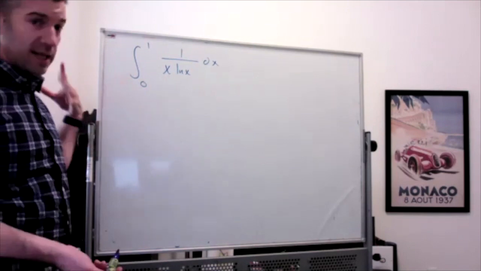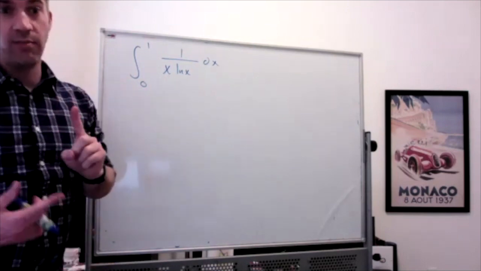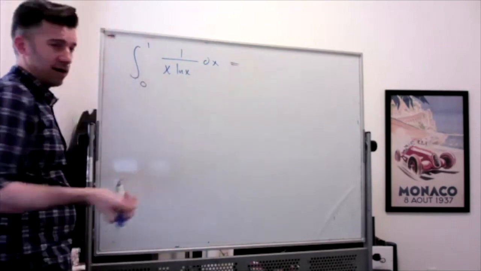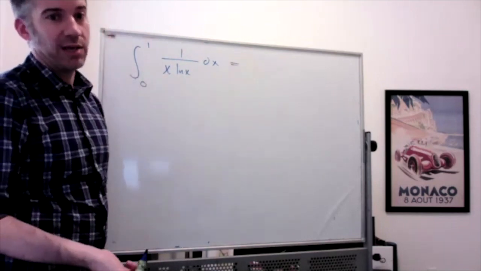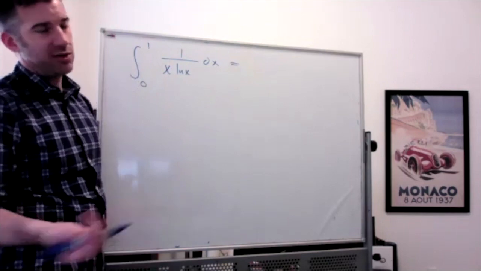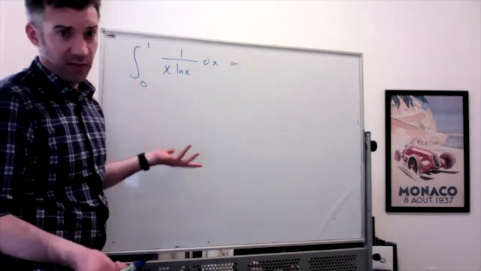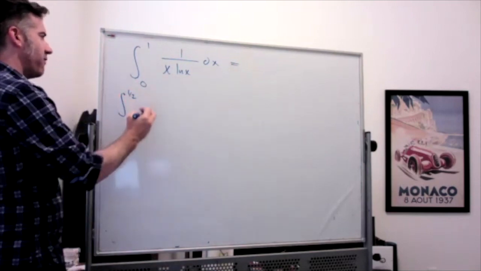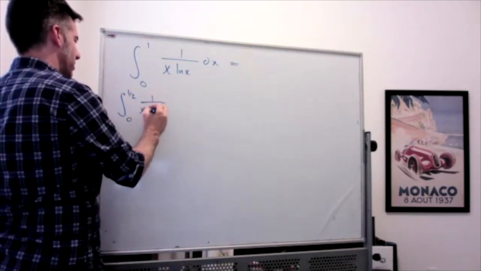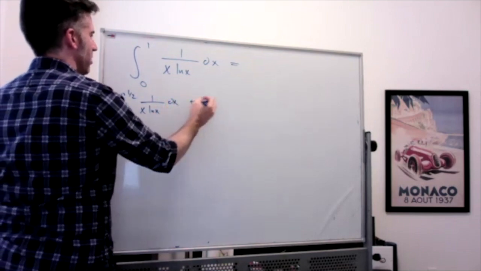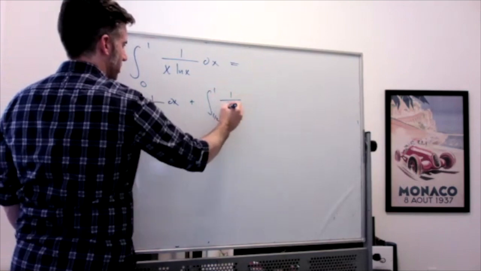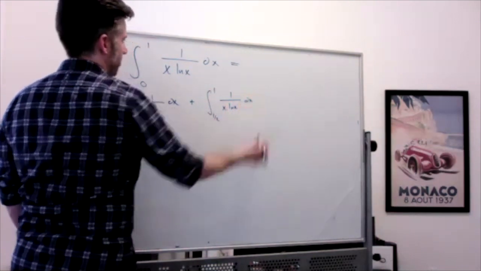So an integral can only manage one problem at a time, so we have to break it up. You can break it up at any point in between the interval. Here I would pick 1/2 for sure. So I'm going to write this as the integral from 0 to 1/2 of 1 over x natural log of x dx plus the integral from 1/2 to 1 of 1 over x natural log of x dx.